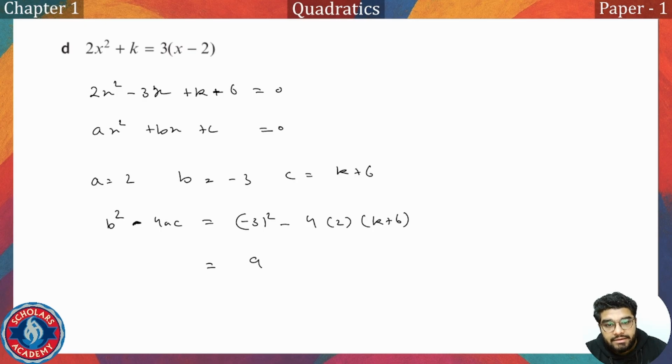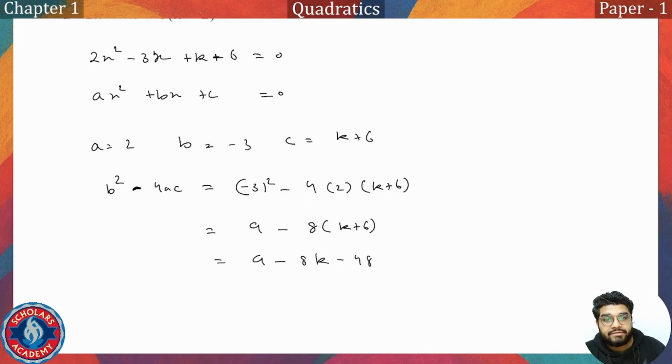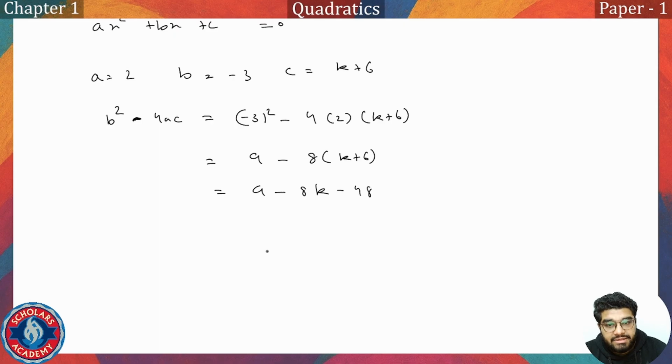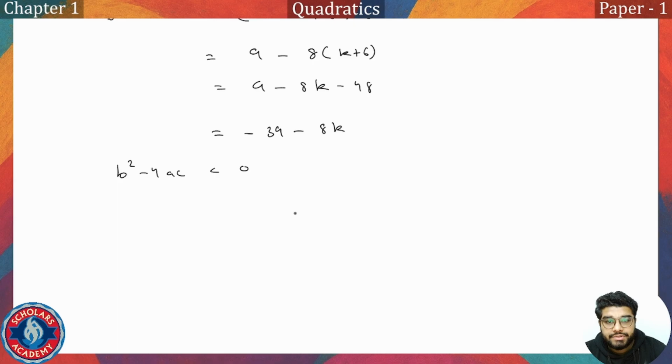We get 9 minus 8 times k plus 6. 9 minus 8k minus 48. So this is the value of discriminant. We'll simplify it. We get negative 39 minus 8k. b square minus 4ac should be less than 0 for no real roots. So we get negative 39 minus 8k is less than 0.